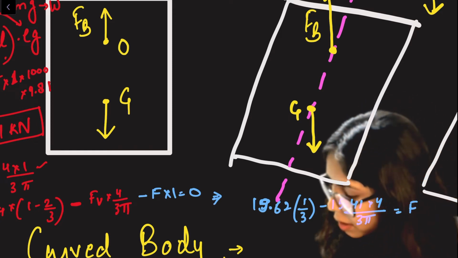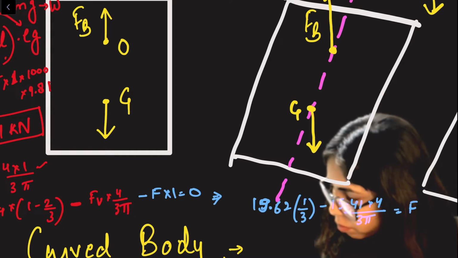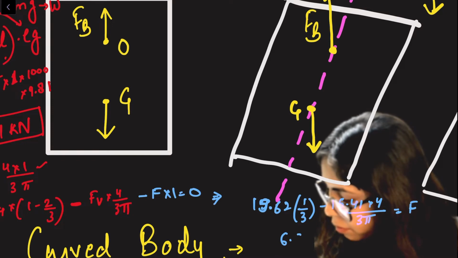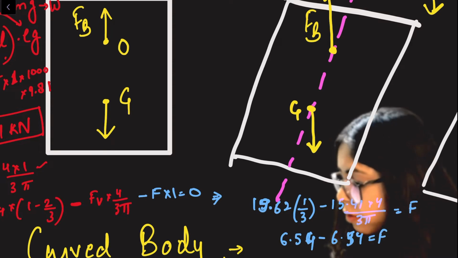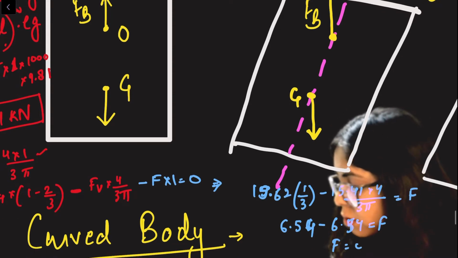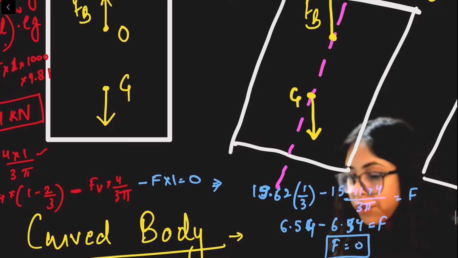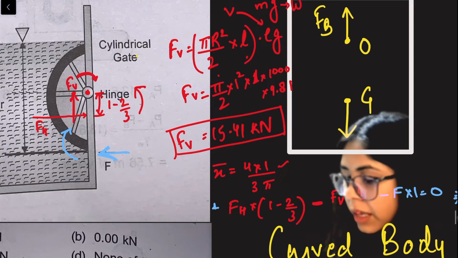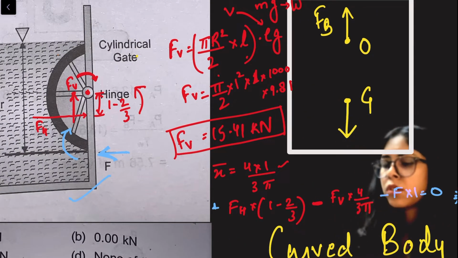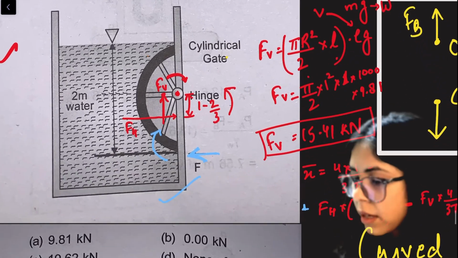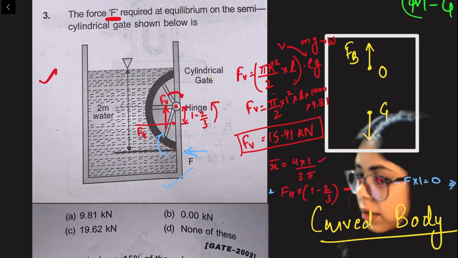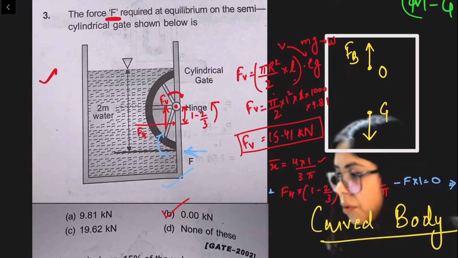So it comes as 6.54 minus 6.54 equal to F. So the value of F is 0. So we don't need any extra force here to make it in equilibrium. The gate is already in equilibrium. So this is the conclusion for this particular question, question number 3. Okay, so the answer is B, 0 kilonewton.